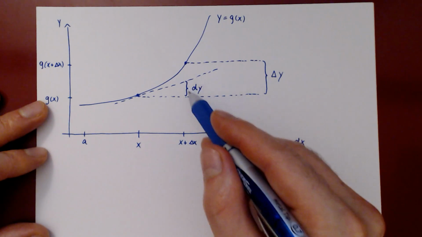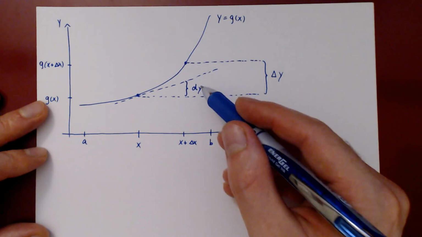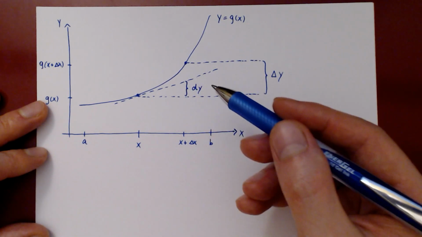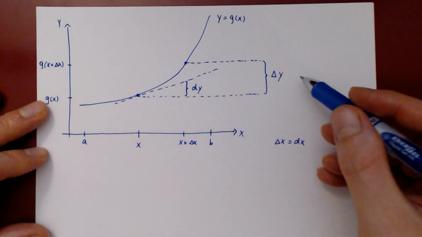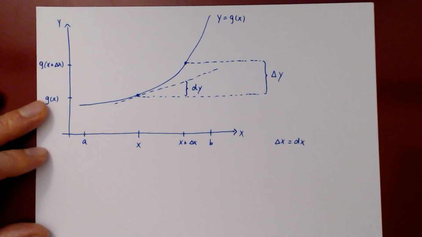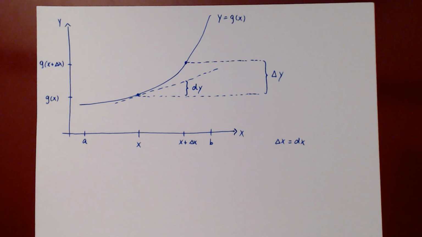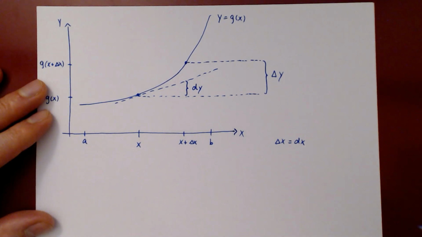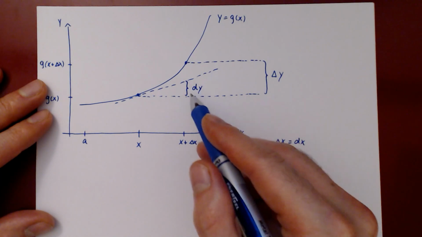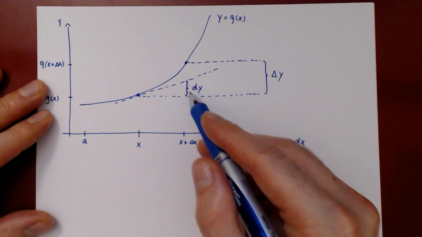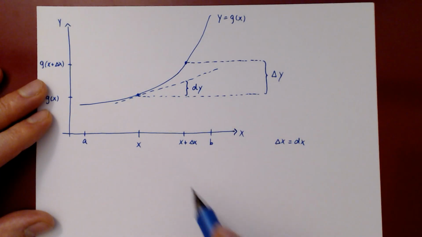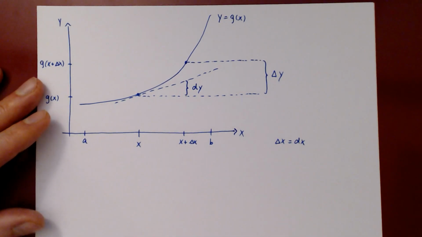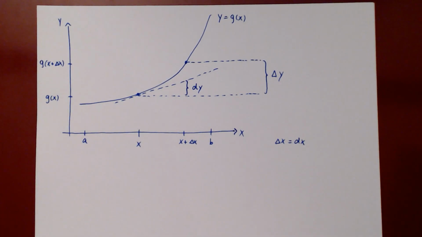So dy can serve as an approximation to delta y, the exact change in the function. What we are interested in this video is measuring how good of an approximation dy is to delta y, as a function of the change in x, delta x.